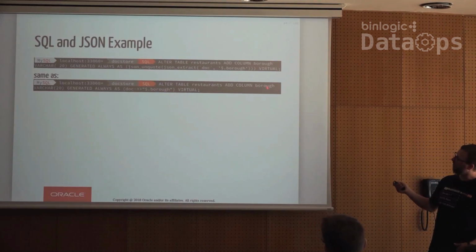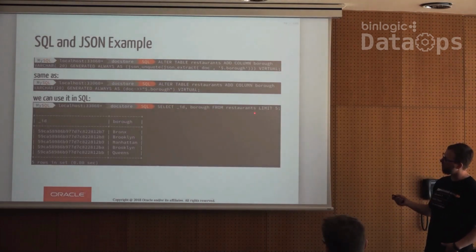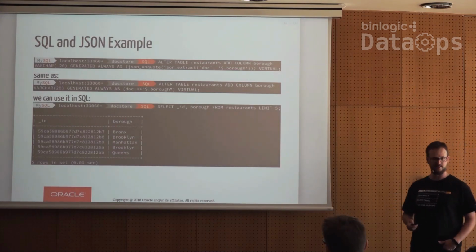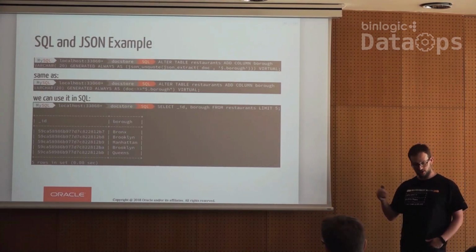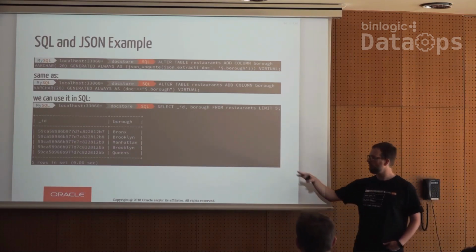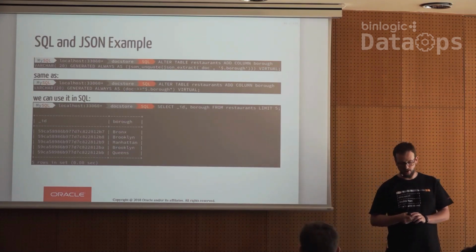So we create a new column that we call borrowed. It's generated, it's virtual, and it comes from the document, and it goes to find the data. So now if I do select ID, borrowed from restaurant, this column exists, right? So this is one of the first steps we did. You can create a generated column and then do whatever you want with it, like index, like foreign keys from it.